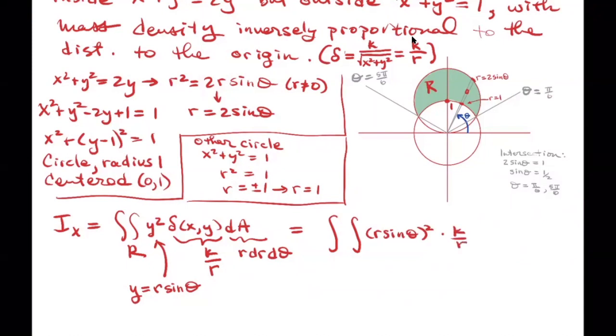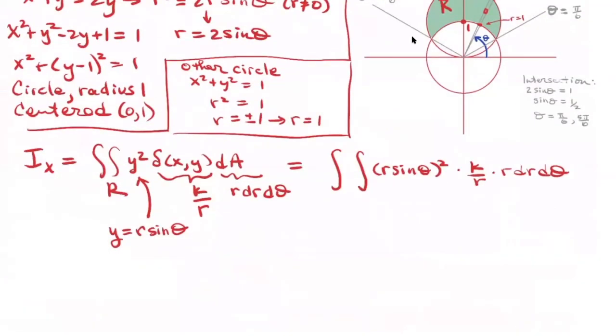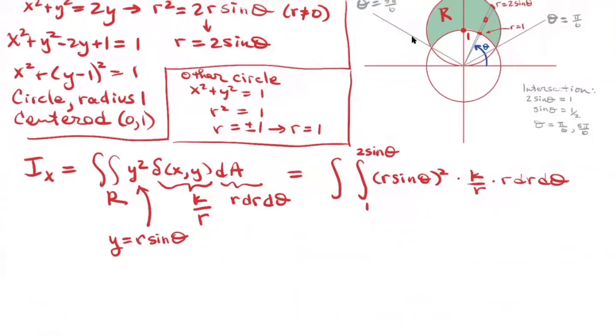And then we're going to have an r dr d theta. And then the limits on r. Well, r is 1 as the lower limit, and then 2 sine theta as the upper limit. So r is going from 1 to 2 sine theta. And then theta goes from pi over 6 to 5 pi over 6.